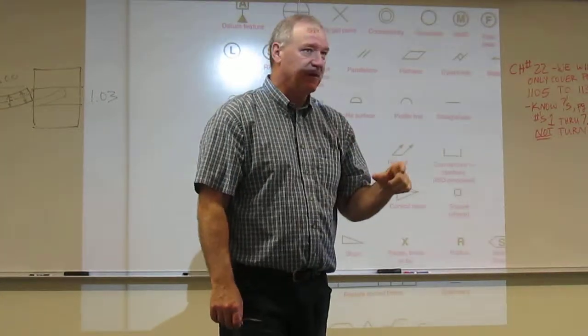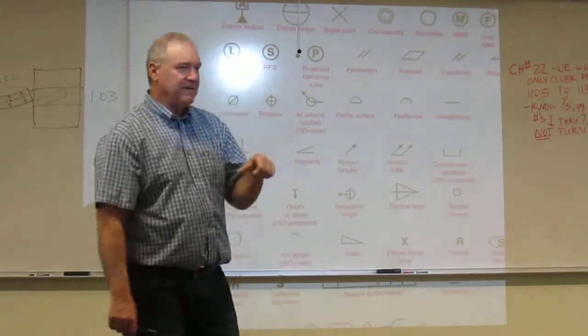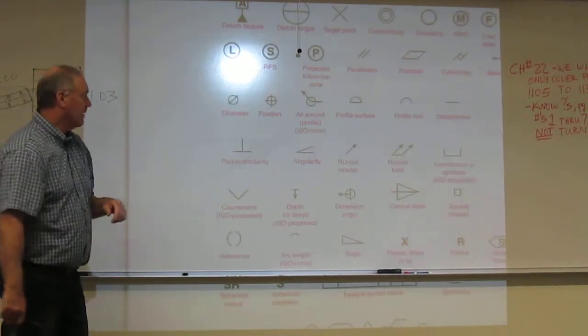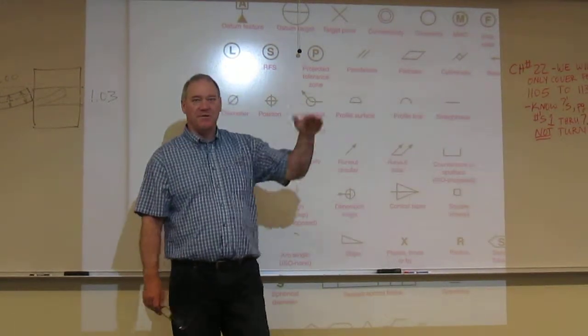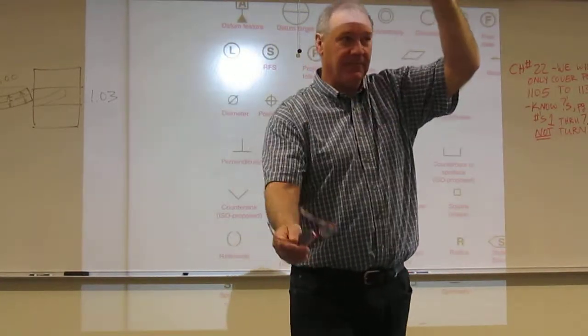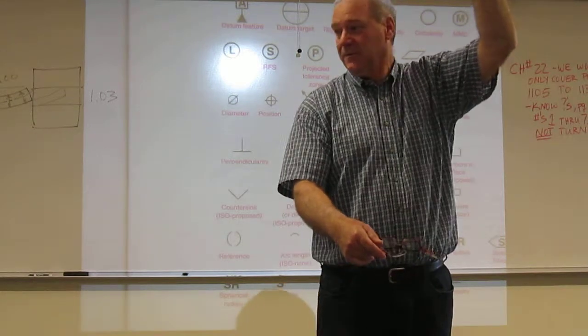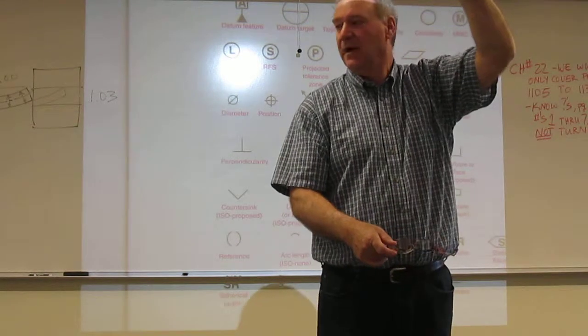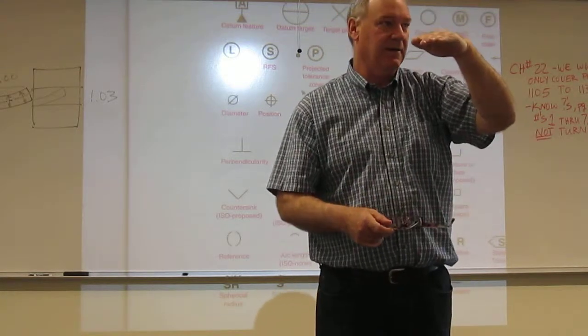So, to itself or to another part. The easy one to pick on here is parallelism. If I've got an object that has to be parallel to something, it's got to be related to another object, right? Because I've got to have two things that are parallel. It takes two items. So that is what we would call a related GDT.